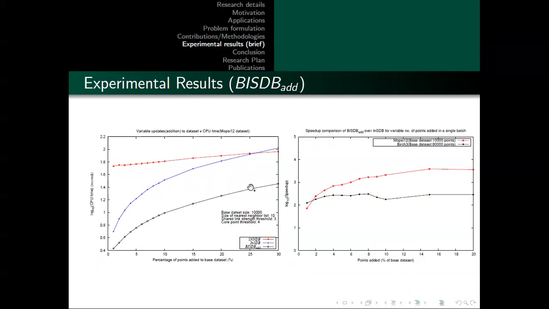For BISDBSCAN, we had too many results, so we are just highlighting the important ones. This is the curve of BISDBSCAN, and it maintains its efficiency over both INSDBSCAN, which is the point-based incremental method, as well as SNNDBSCAN, which is the naive incremental method.